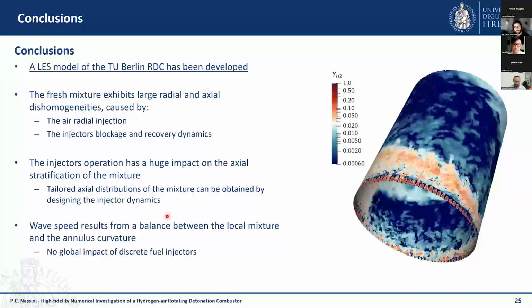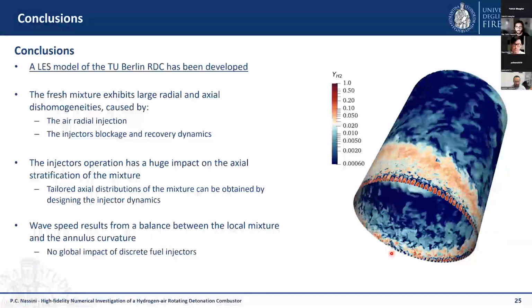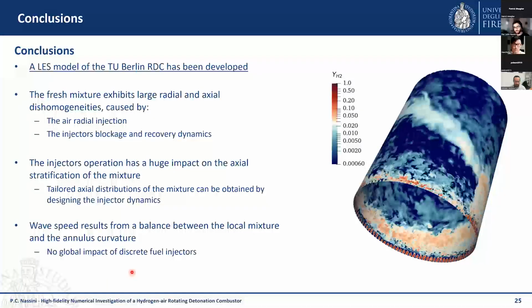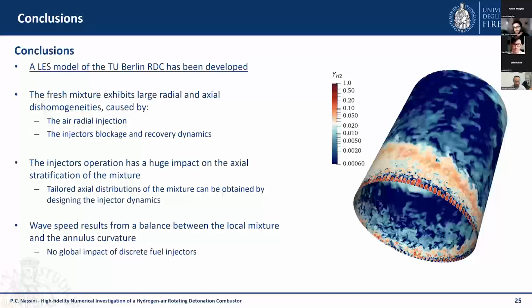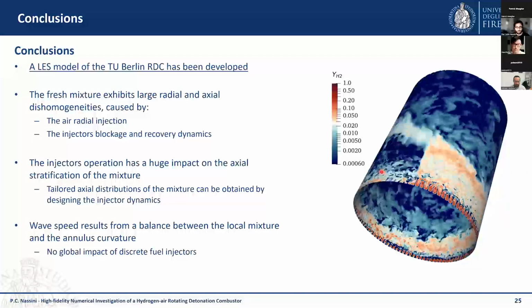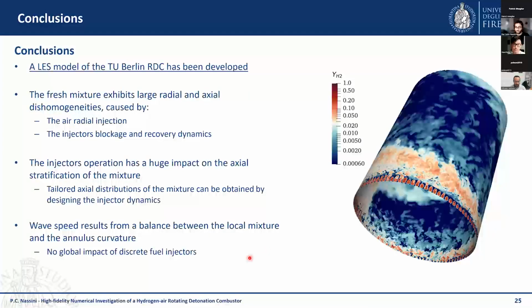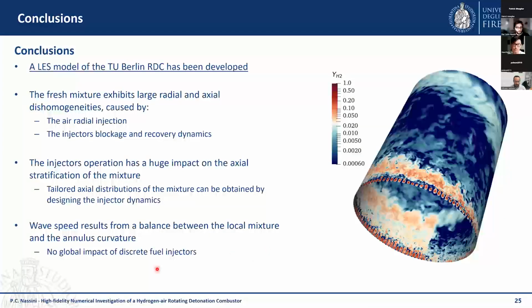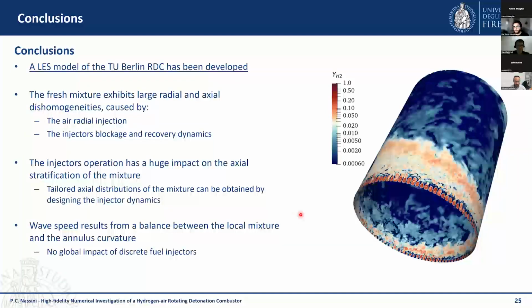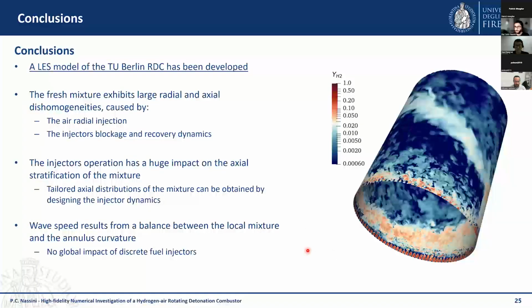And finally, we see also that with the density of the fuel injectors that we have in this specific configuration, the fluctuations of the detonation wave are only confined at the bottom of the combustion chamber, while it is not showing a global fluctuation in phase with the injector fluctuations. So that's it. I thank you very much for your attention, and if you have questions, I'm happy to answer.